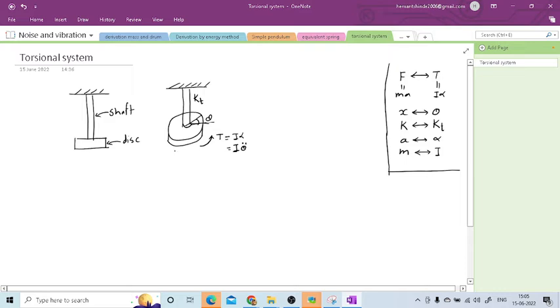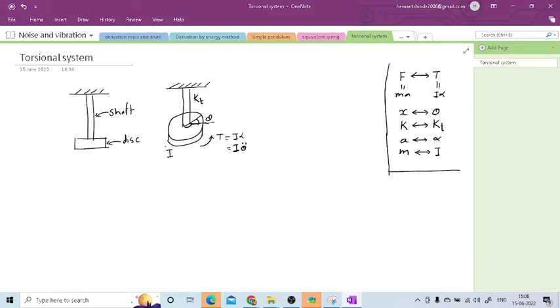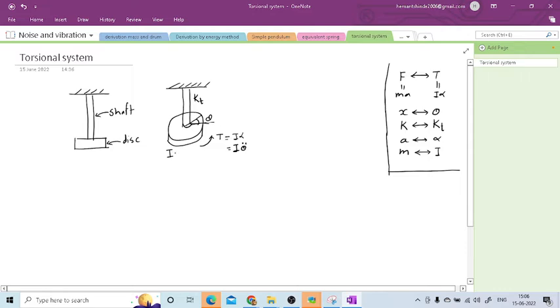This disc will have the mass moment of inertia I. In some books this mass moment of inertia is represented by j, but normally we represent mass moment of inertia by I. So the disc has mass moment of inertia I, its angular displacement is theta, and the stiffness of the shaft is kt, which is subjected to torque I theta double dot.